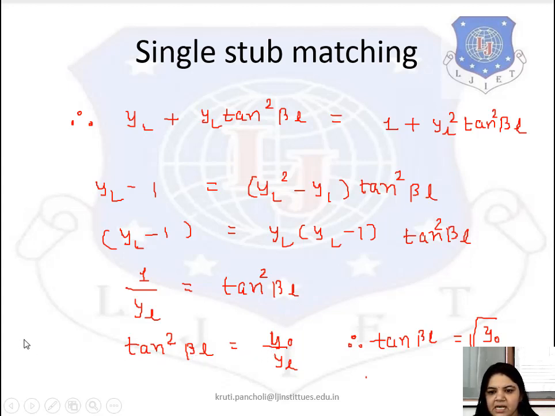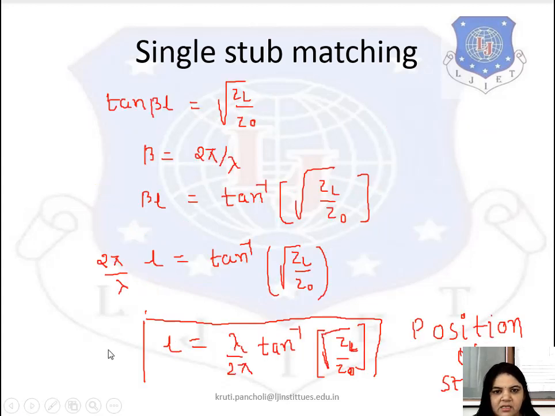Therefore tan βL = square root of Y0/YL. In terms of impedance, tan βL is the square root of ZL/Z0.